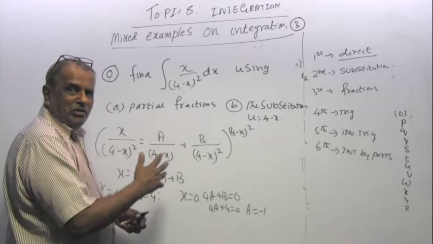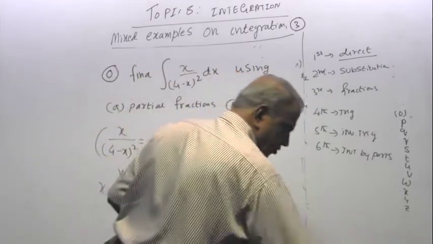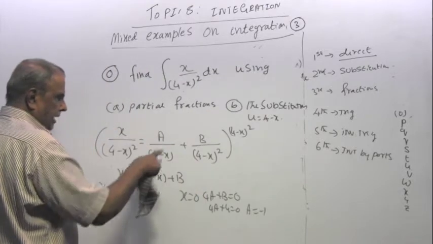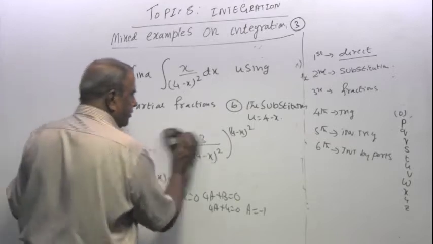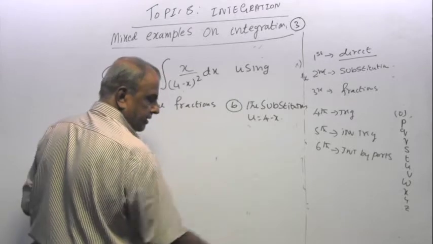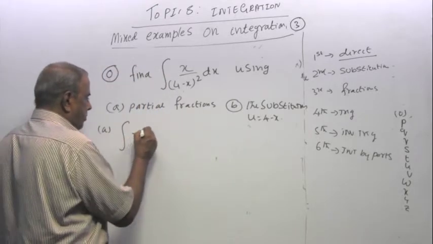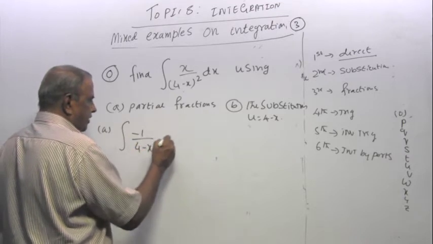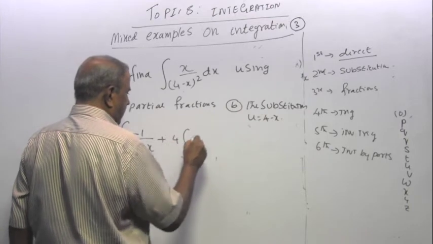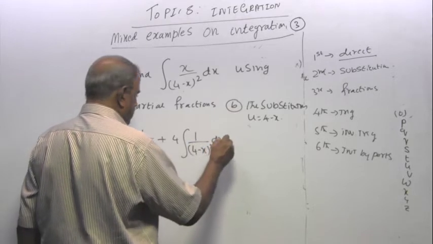Right? So therefore it's minus 1 over (4 minus x) plus 4 over (4 minus x) the whole square. So I'm still doing part A. Integral of minus 1 over (4 minus x) plus 4 times the integral of 1 over (4 minus x) the whole square dx.